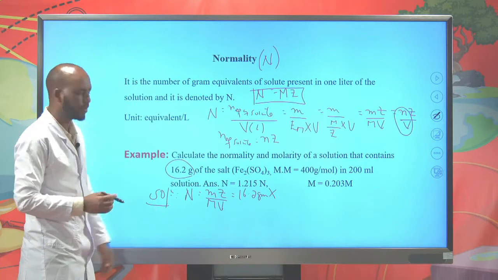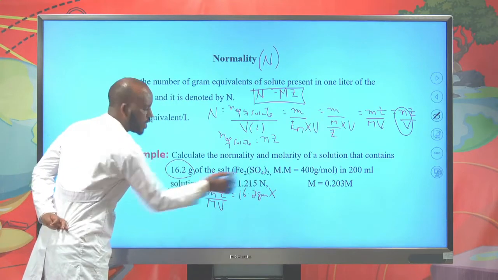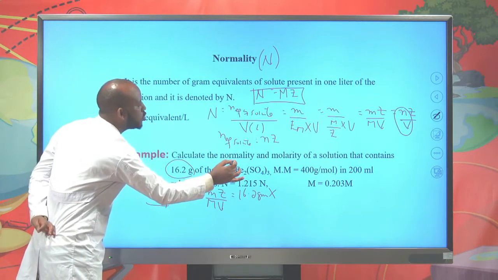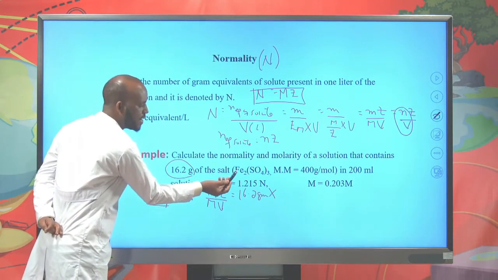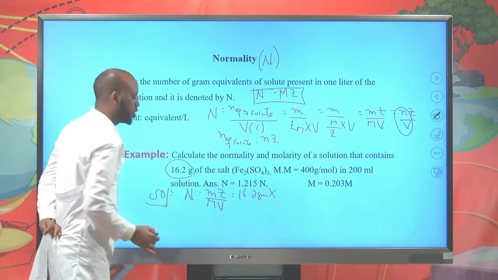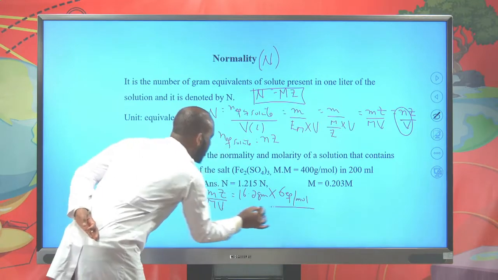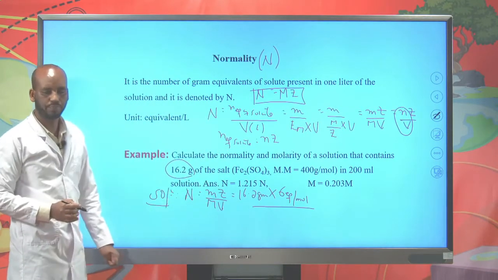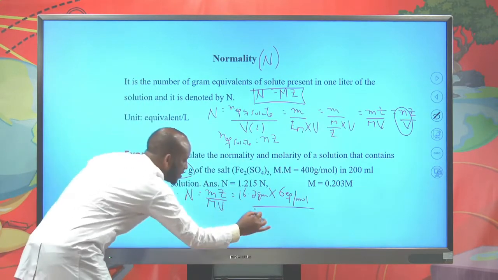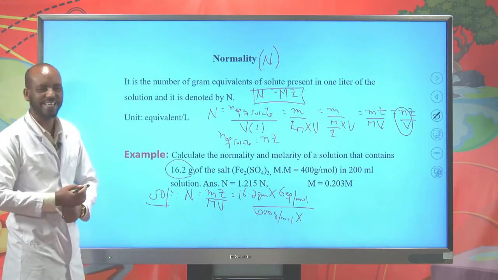The valency of iron is plus 3, and here we have 2 iron atoms, therefore total positive valence is 6 equivalent per mole, divided by molar mass of iron sulfate, 400 gram per mole, times volume of the solution in liter.